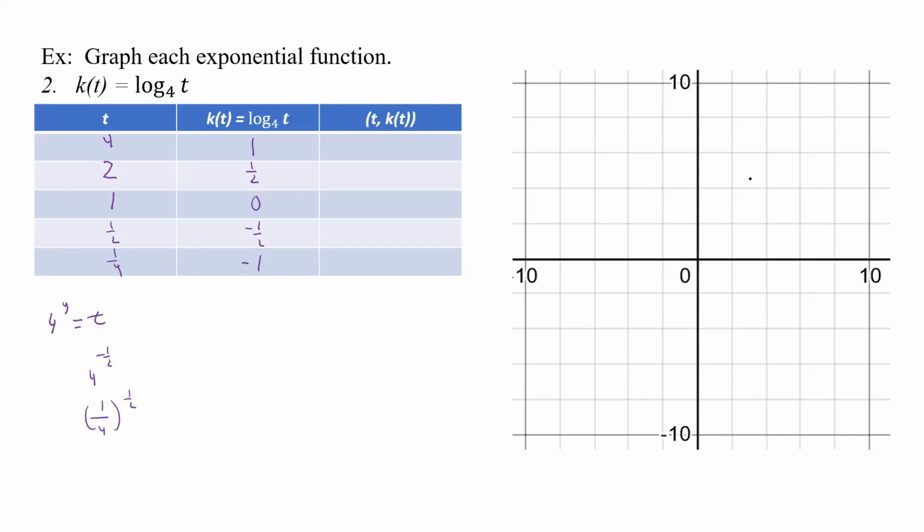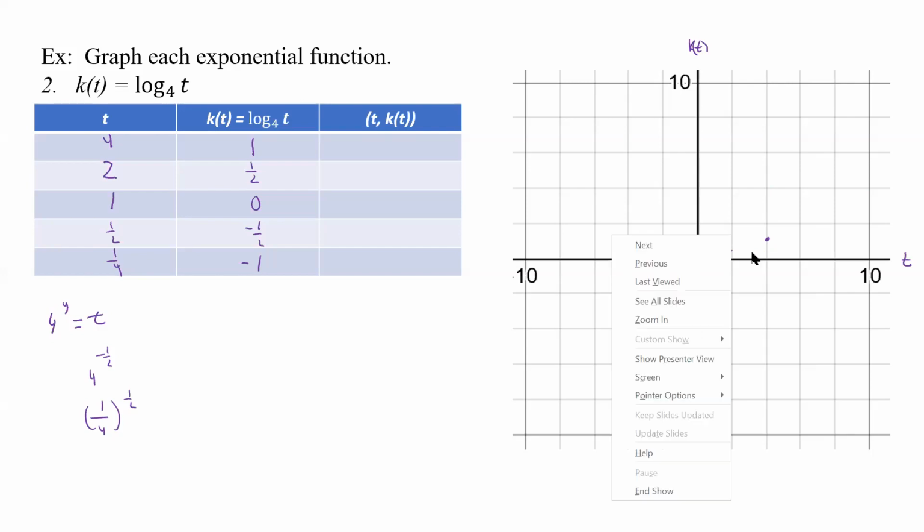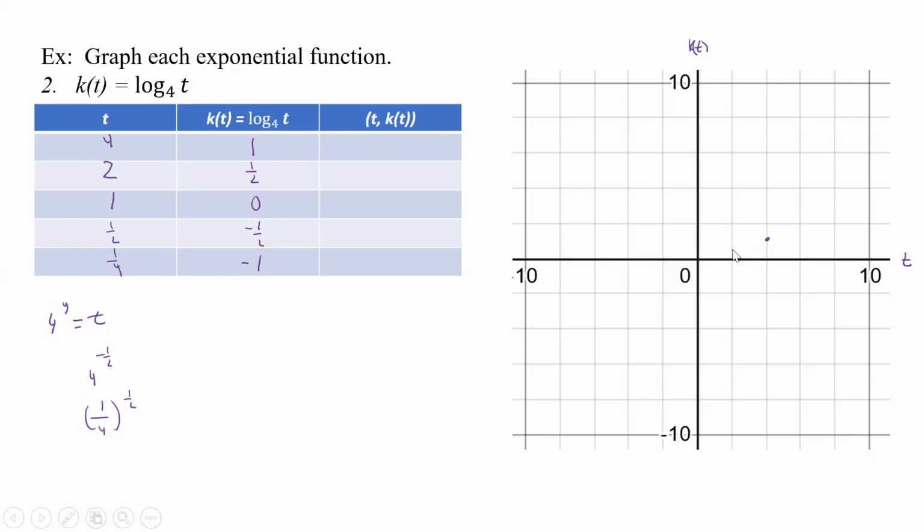Let's see. Now this time this is t, and this is your k of t. So if we have t is 4, we get 1. If we have 2, we get a half. And 0 is going to be at 1.